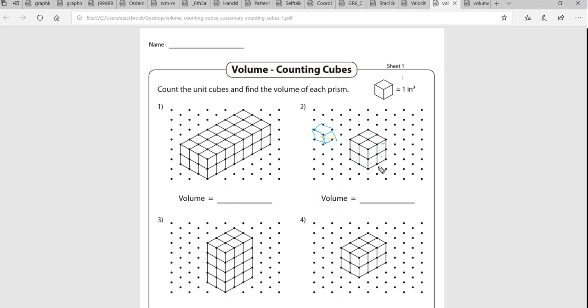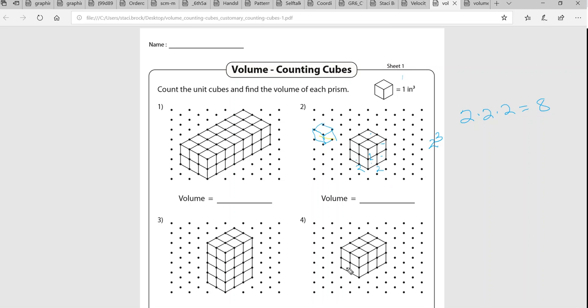Okay, and if I wrote the numbers for each of these, 2 lengths, 2 widths, and 2 heights, that's 2 cubed. 2 multiplied by 2 multiplied by 2, which is 8. And as you remember, I counted and there were 8 boxes.